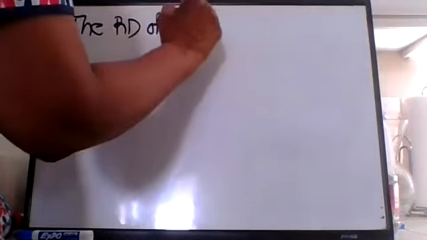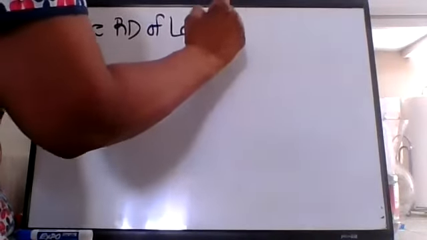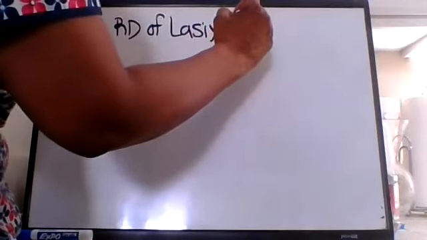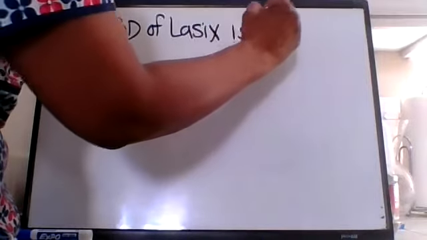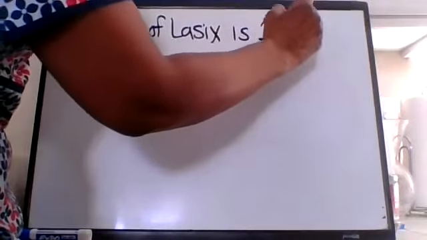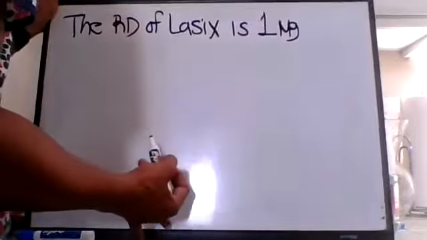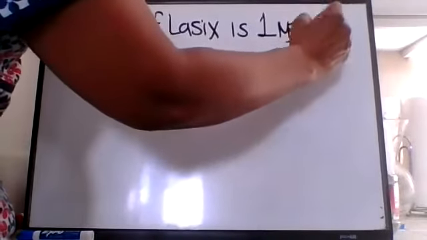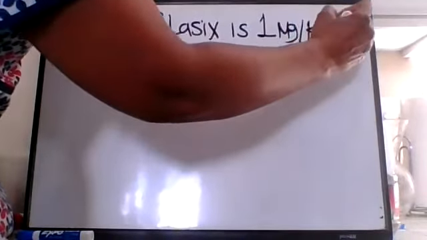The recommended dose, RD, for brevity, we're just going to make it simple. The recommended dose of Lasix is 1 milligram per kilogram per dose.